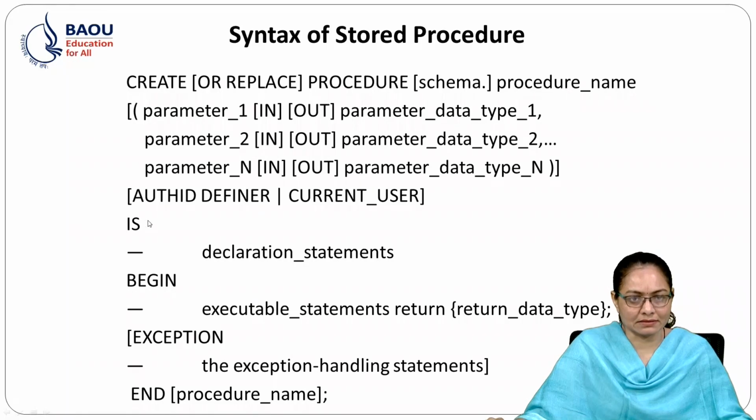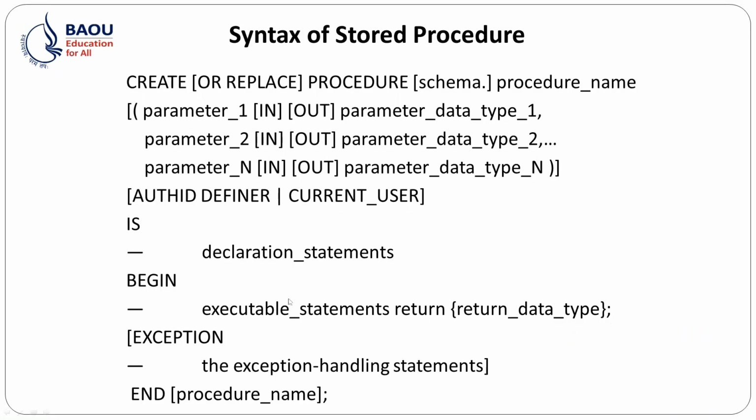After that, this one is the specification part, and after that is the keyword IS, then the body part. This one is the body part and this one is the specification part. Then here we declare the variables, and then BEGIN.